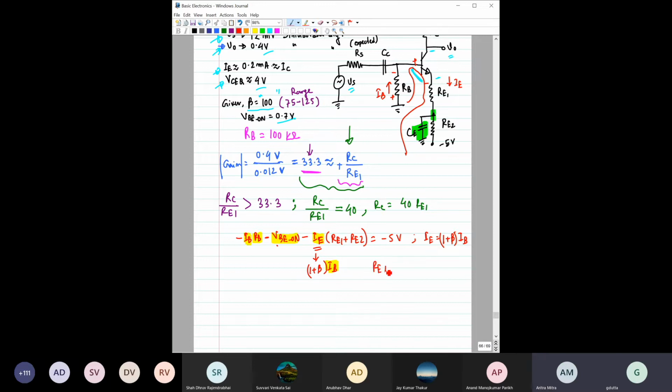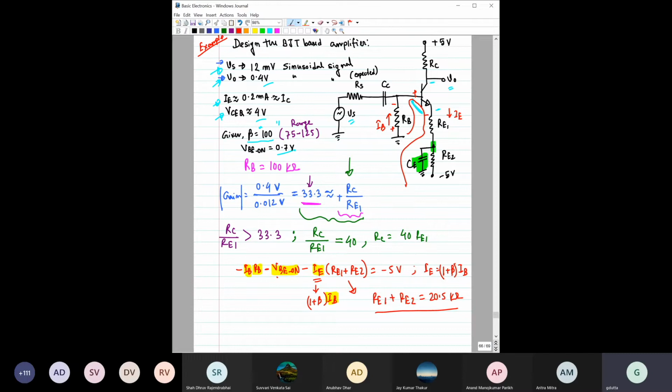If you solve it, you will get some value for RE1 plus RE2. So this part should be clear to you, right?